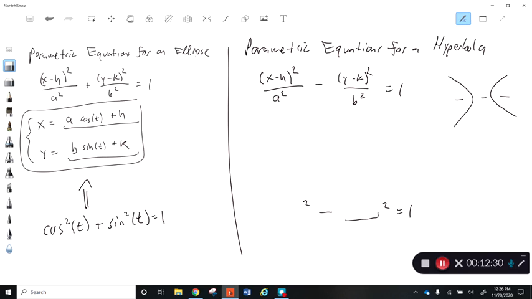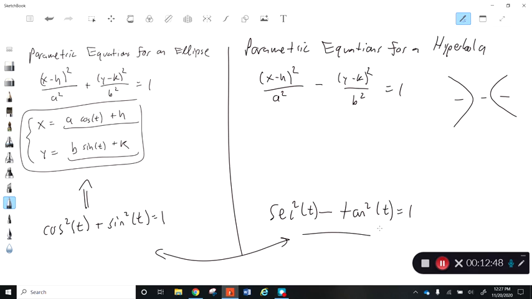What we could do here is use secant and tangent, and the identity we want is secant squared t minus tangent squared t equals 1. This is an alternate version of the Pythagorean identity, but as you can see, this version has a minus in it.